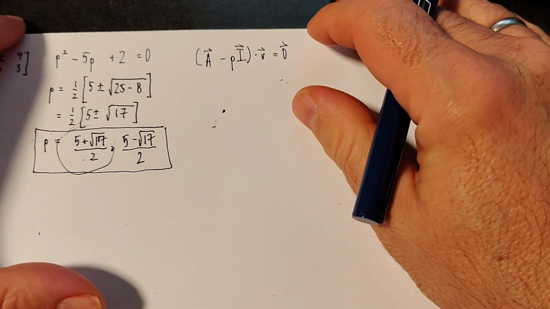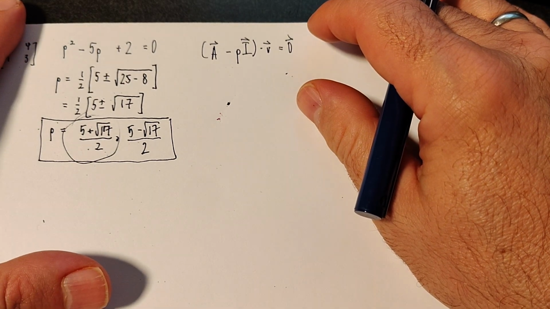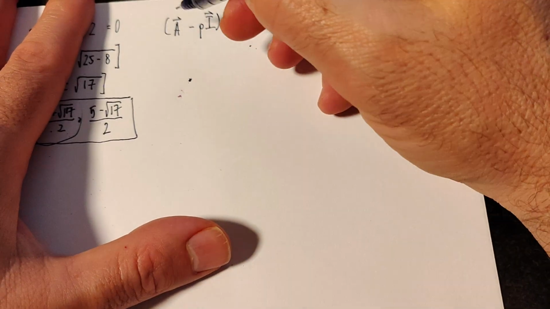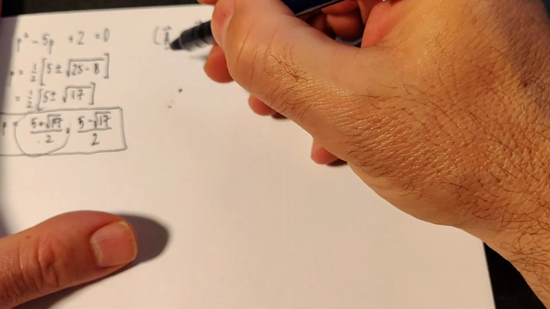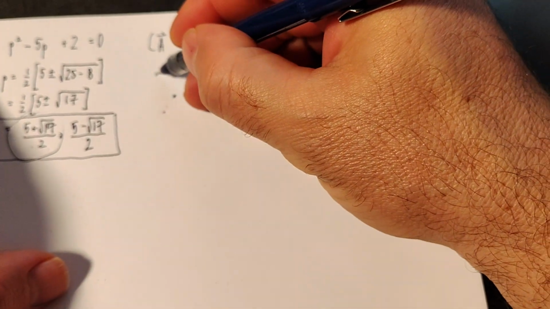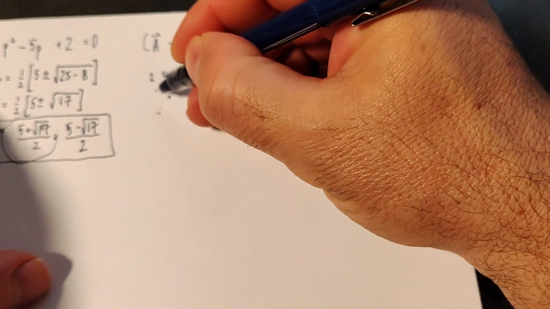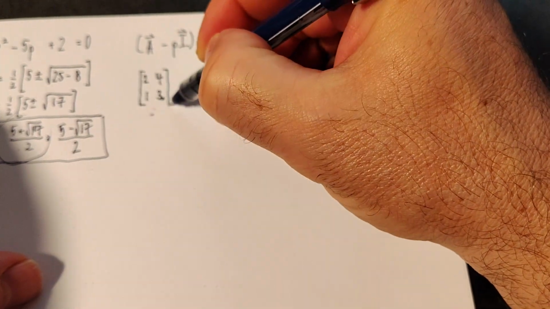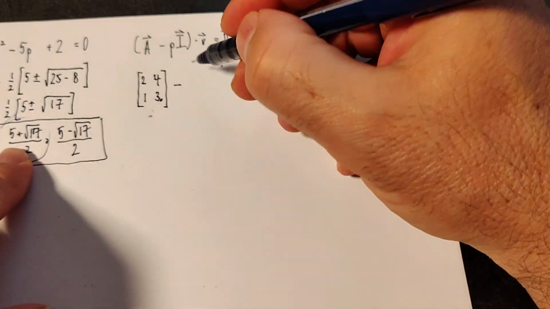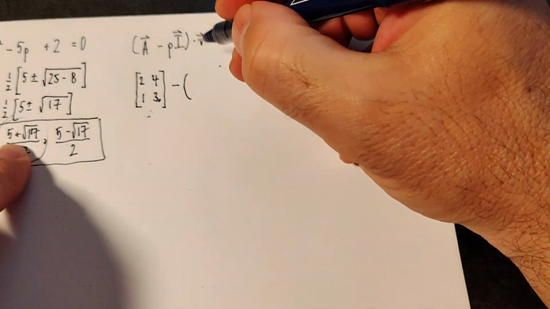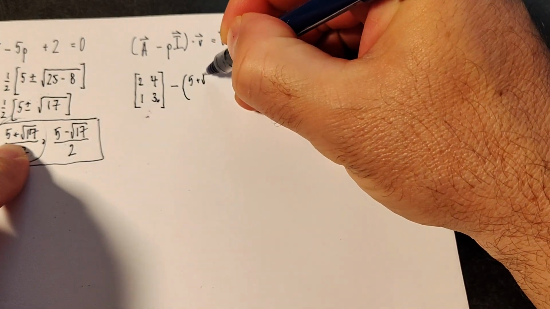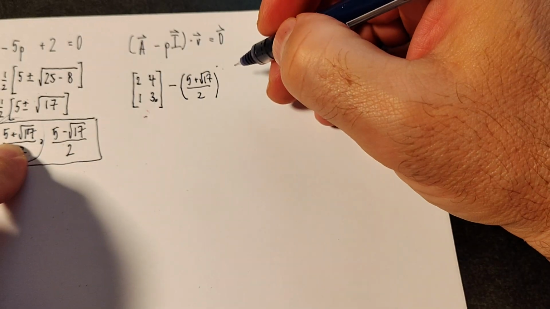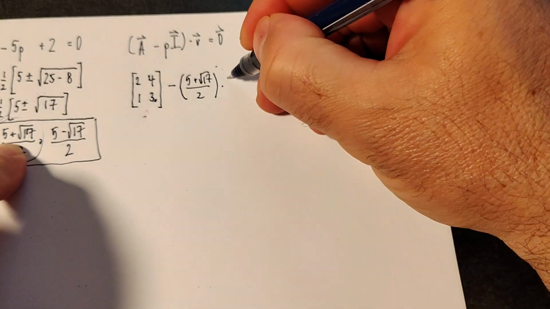Let's try this eigenvalue out first. So if we do that, let's substitute it in. So we have our matrix 2, 4, 1, 3. That's our matrix A, minus our first eigenvalue, which is 5 plus root 17 over 2, times the identity matrix.